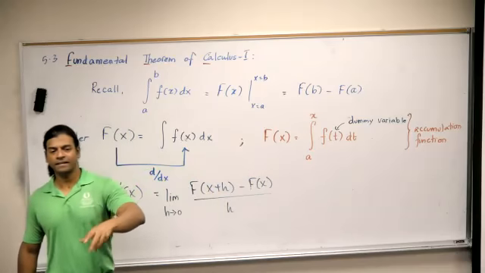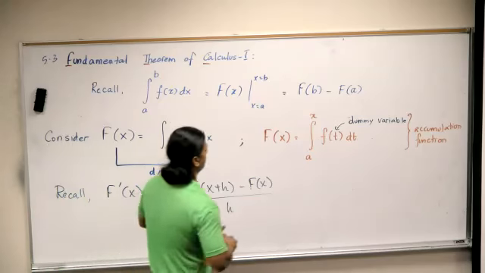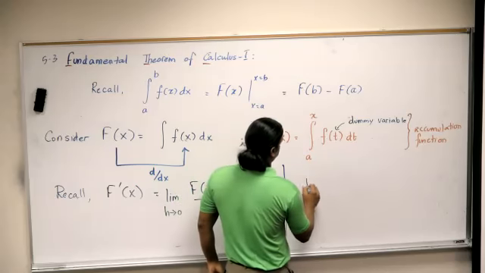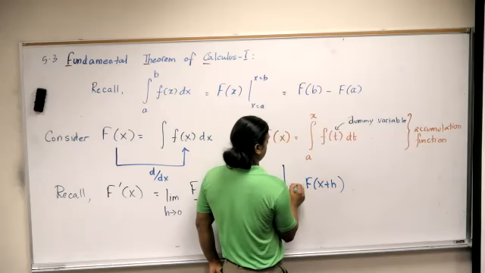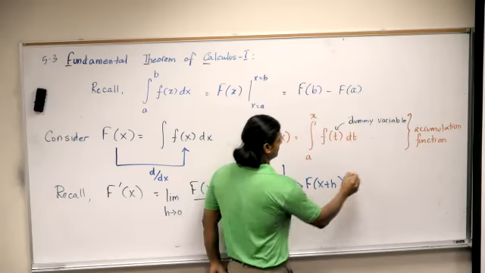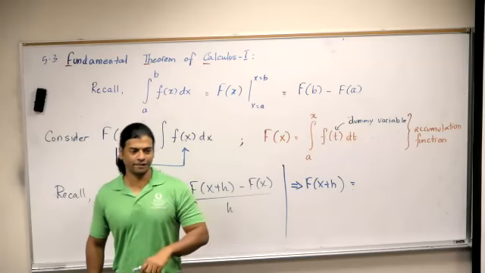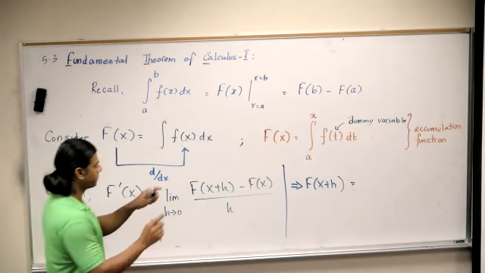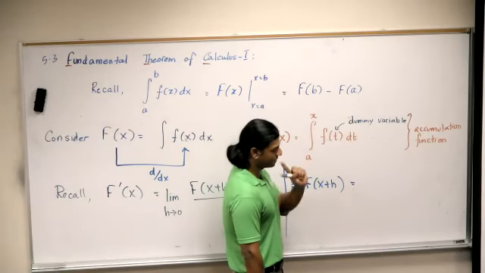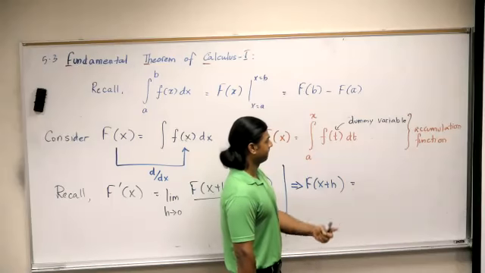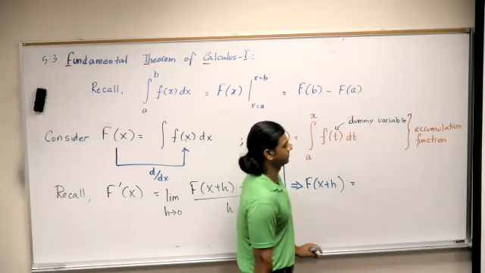What would uppercase F of x plus h be? I have the definition for F of x. I would like to know what F of x plus h will be, in terms of the integral. Would it be the integral from a to x of f of t dt plus h?